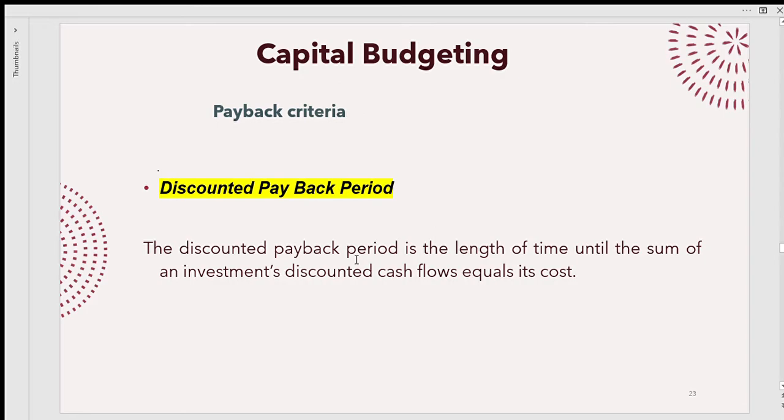Discounted payback period is the length of time until the sum of the investment's discounted cash flows equals its cost. Whatever investment you make, for example 1 lakh, when the discounted amount you get in return is equal to 1 lakh, that is called discounted payback. For clarification, you can see other videos relating to the discounted payback period and the problems we have solved, which will help you clarify payback and discounted payback.